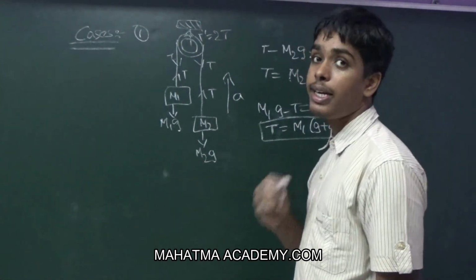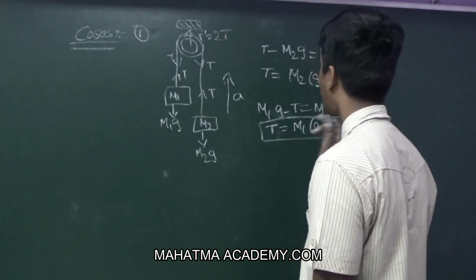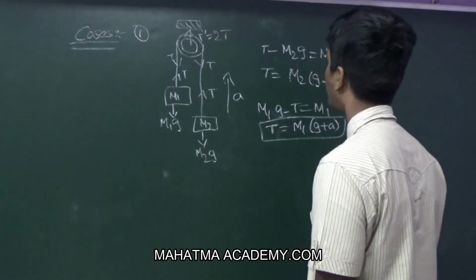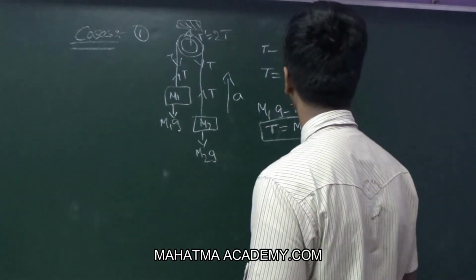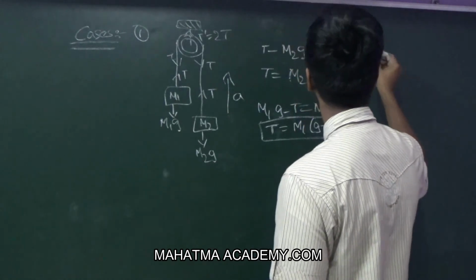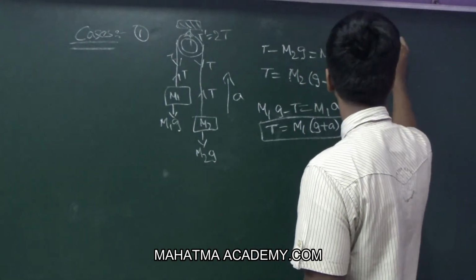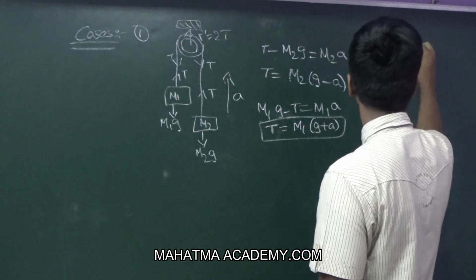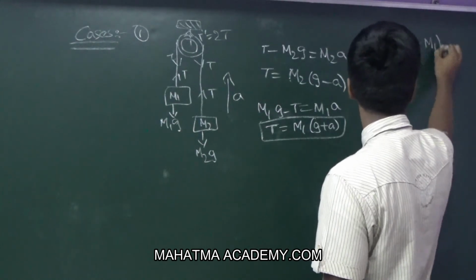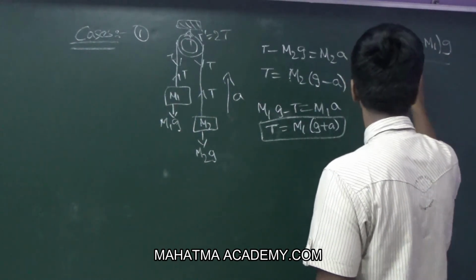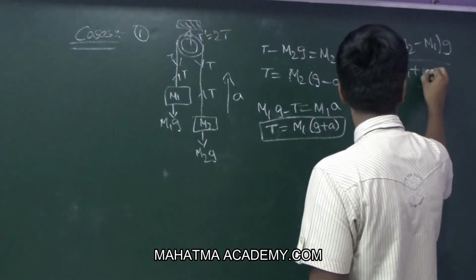Now we are going to discuss the acceleration. The formula is m2 minus m1 into g upon m1 plus m2.